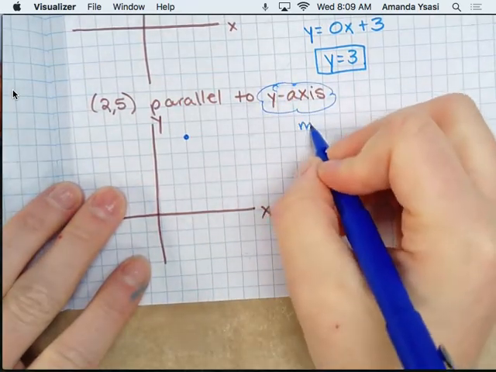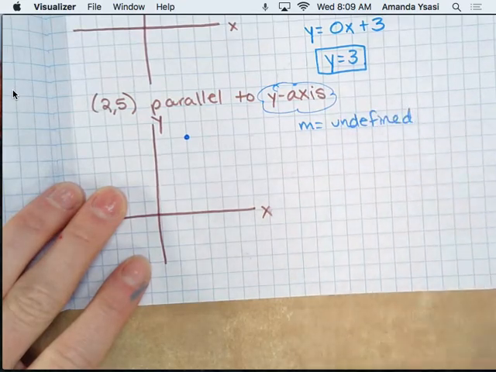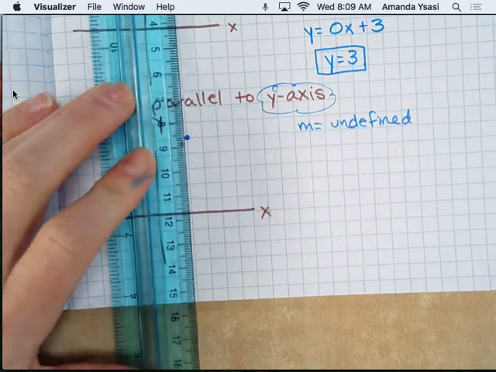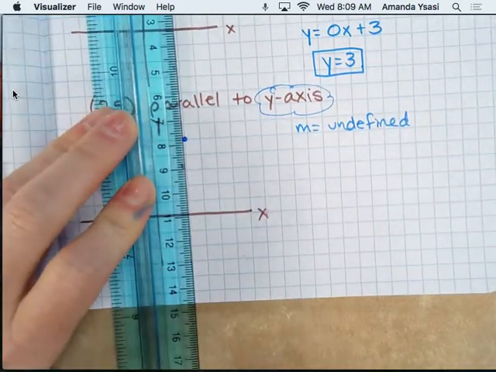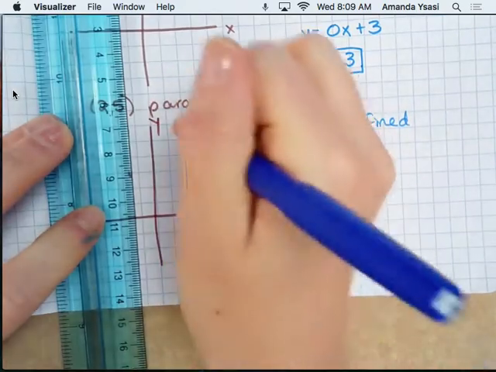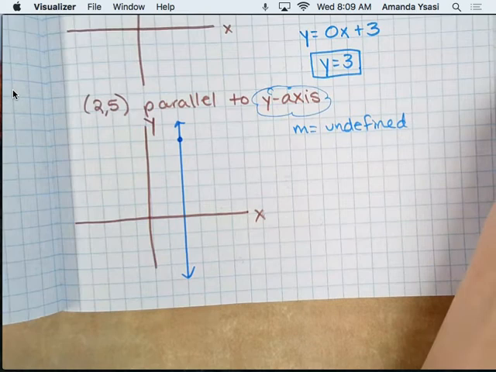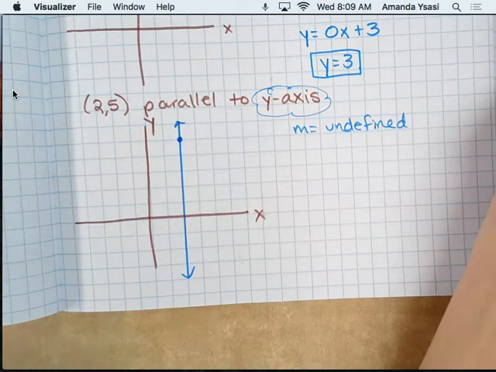So our slope is going to be undefined. We know it's going to be straight up and down because it has to be parallel to this one. So draw your line through 2, 5, parallel to the y-axis.